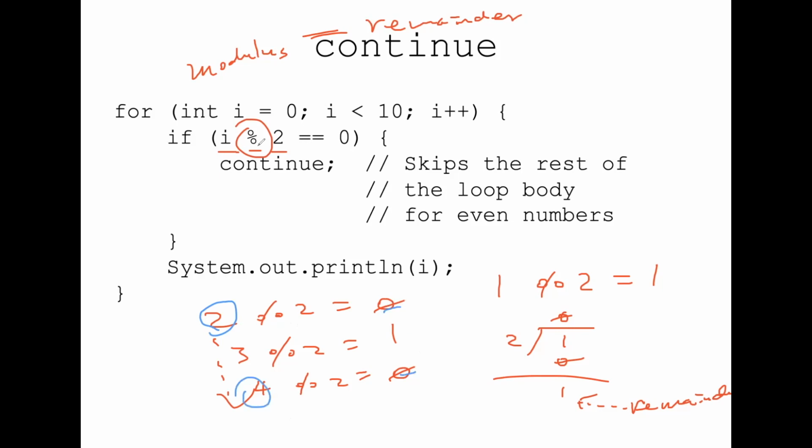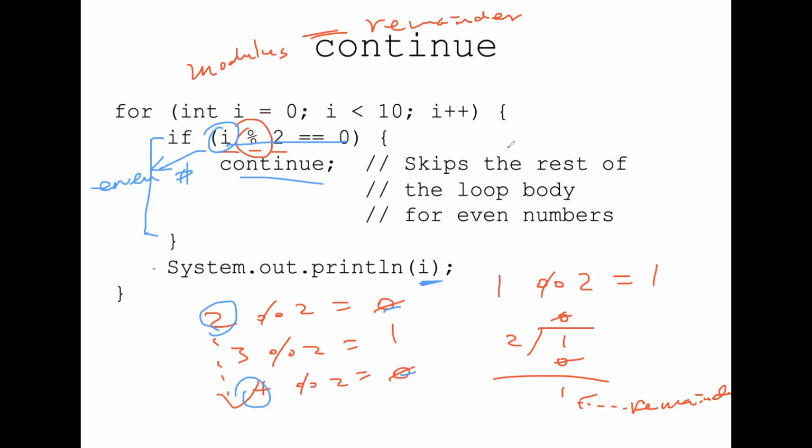So saying i mod 2 equals 0 basically means that i is an even number. If i is an even number, this is going to evaluate to true and continue the iterations, in other words, skipping the rest of the loop body for even numbers. However, if i is not an even number, this is not going to be true. That odd number will be printed with System.out.println to the console.